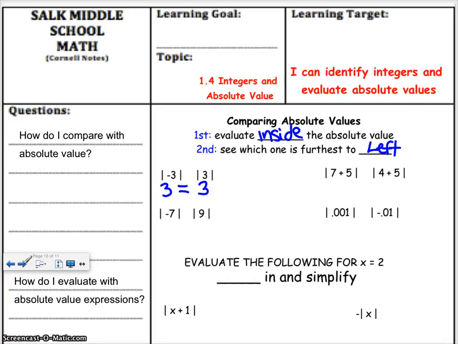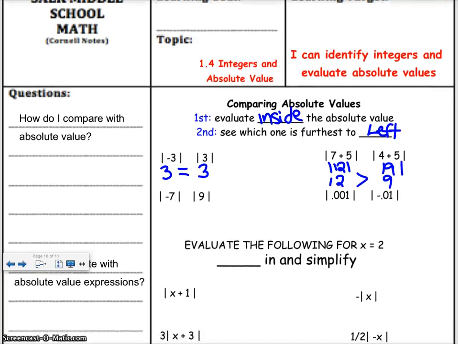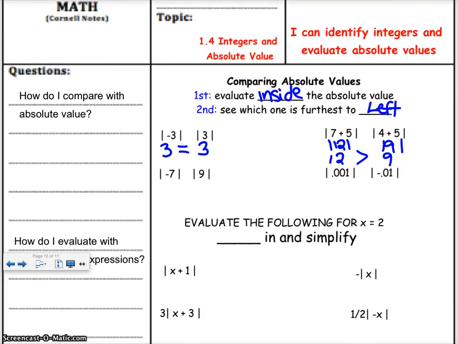They're the same. The absolute value of 7 plus 5 is the absolute value of 12. The absolute value of 4 plus 5 is the absolute value of 9. 12 is 12 away from 0. 9 is 9 away from 0. So that one's bigger. The absolute value of negative 7.